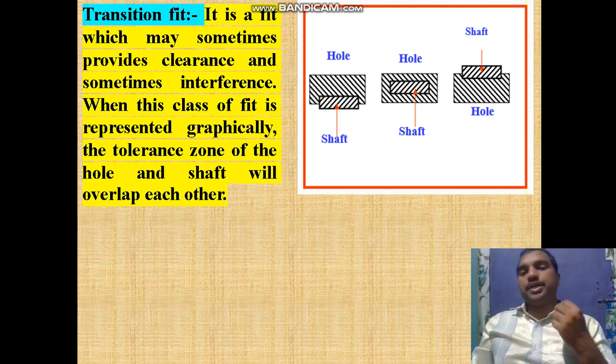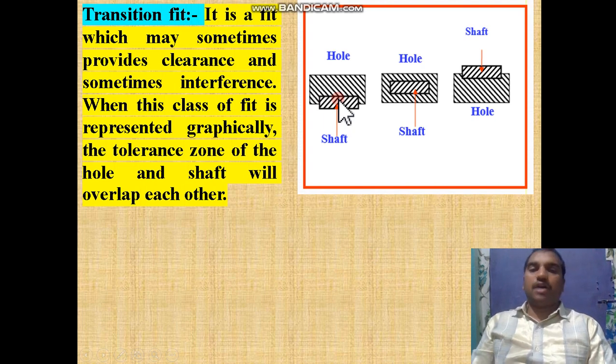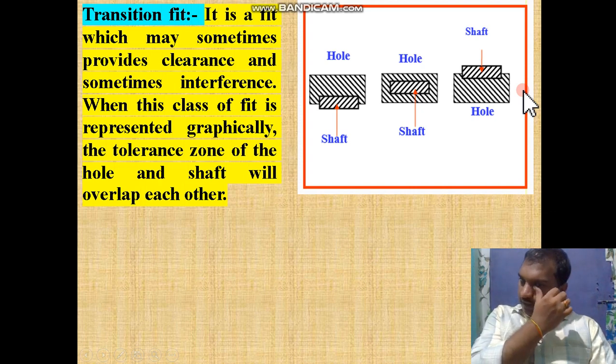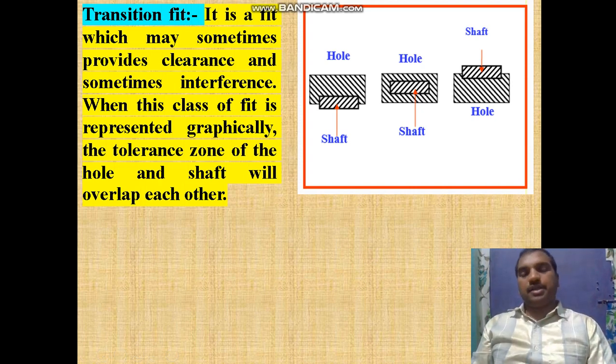In the interference fit, there is no gap. In the transition fit, only half of the shaft can fit into the hole, or the shaft fits exactly into the hole, or the shaft will meet the hole at the upper limit. So like that, three transition fits are there.